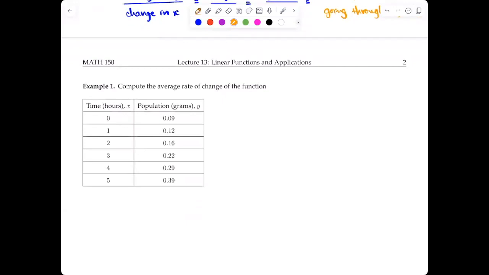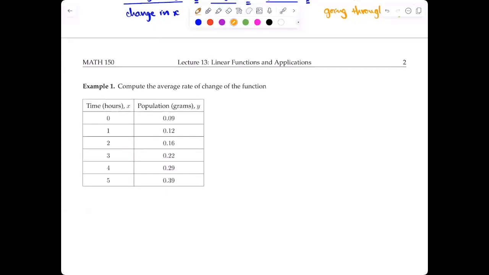All right, so how could you find the average rate of change? y2 minus y1 over x2 minus x1, given y2 in this case is 0.12, y1 is 0.09, x2 is 1, x1 is 0. Now that's for the first two values. The next two values, y2 minus y1 over x2 minus x1.